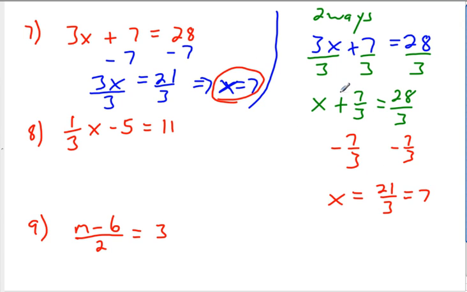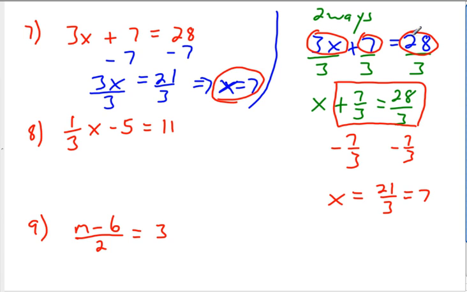It just looks a little nastier on the way there. So it is recommended that you do the subtraction and addition first. However, if you want to be stubborn, you can do the division or the multiplication first. Just be aware that every single term has to be affected by that division.